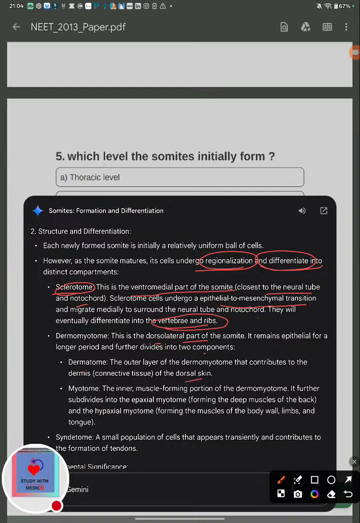Myotome is the inner, muscle-forming portion, and it further subdivides into the epaxial myotome, forming the deep muscles of the back, and the hypaxial myotome, forming the muscles of the body wall, limbs and tongue.